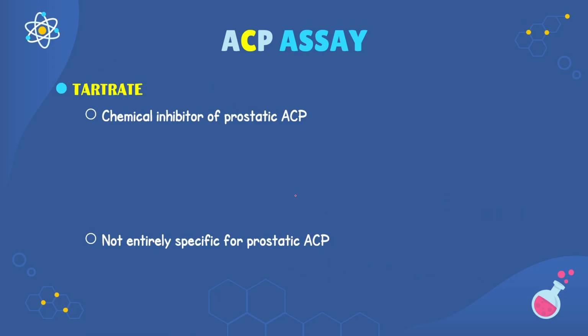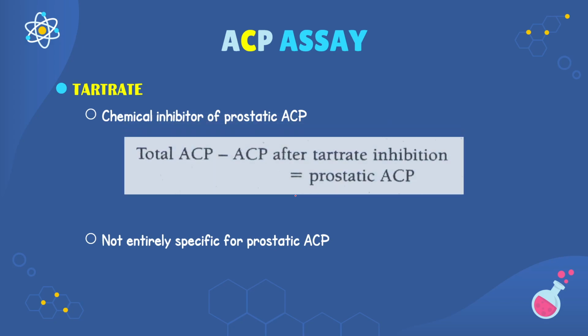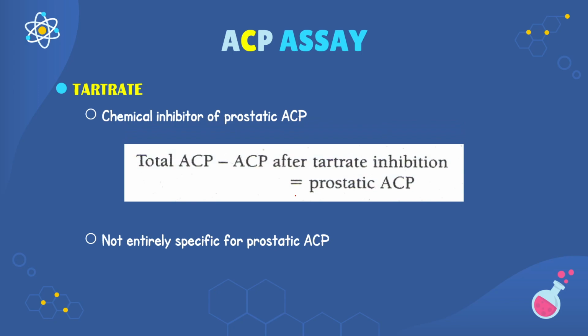So another ACP assay would be in terms of the use of your tartrate. Tartrate is a chemical inhibitor of your prostatic ACP. So what we will do here is, first, we need to measure your total ACP, after which we will add your tartrate, and then measure the ACP activity after the tartrate inhibition.